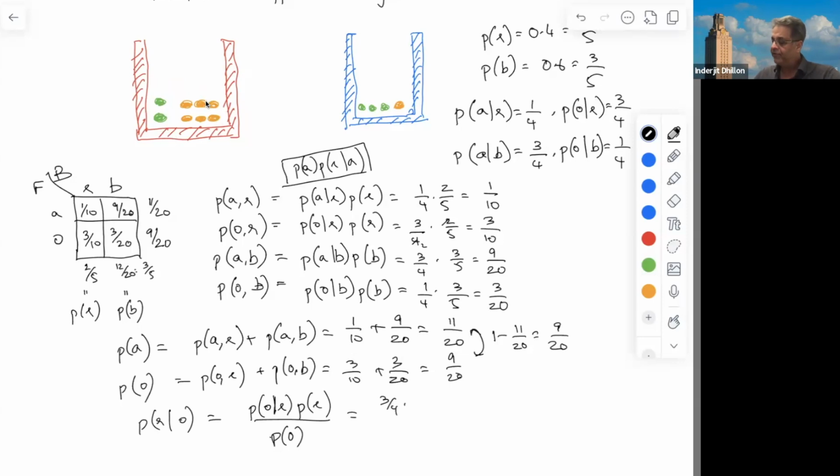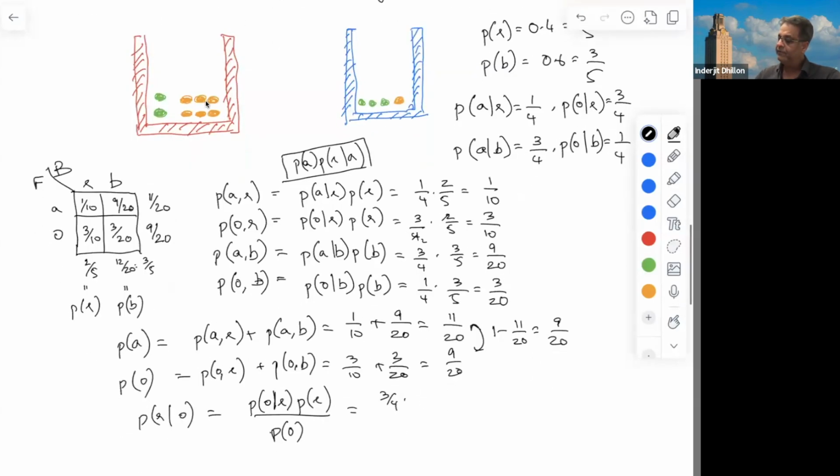times, oh, I could also have written this. What is P of R? P of R is 2/5, divided by P of O, which is 9/20. I could actually have just said that this is equal to P of O comma R. I'd already done this, so I kind of repeated it, but it's okay. This is the same as this quantity over here.